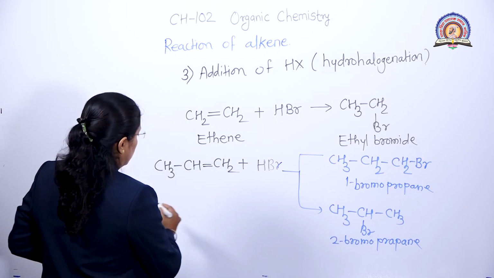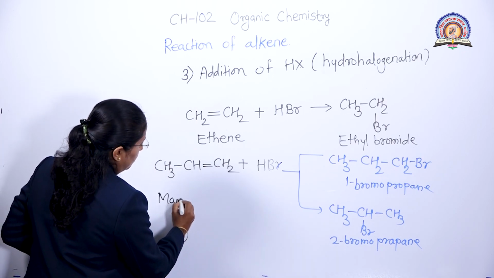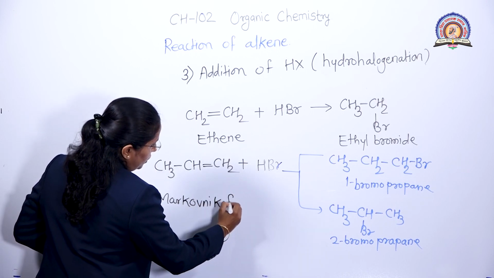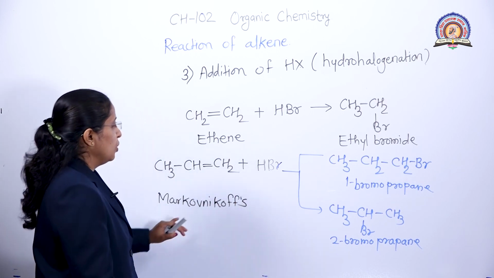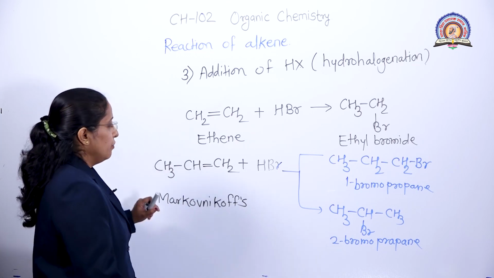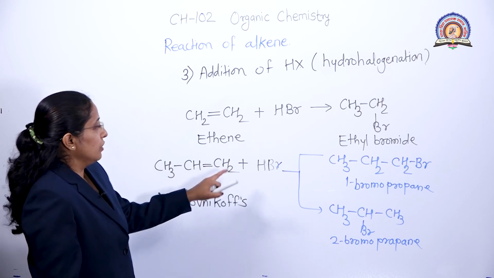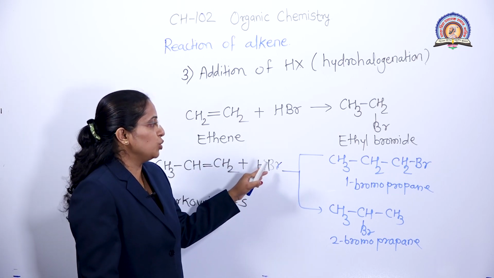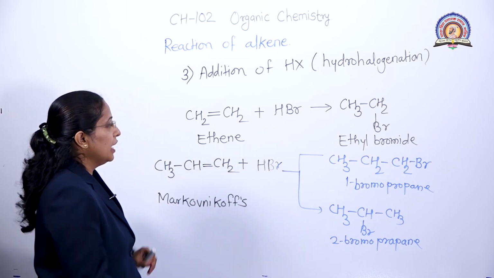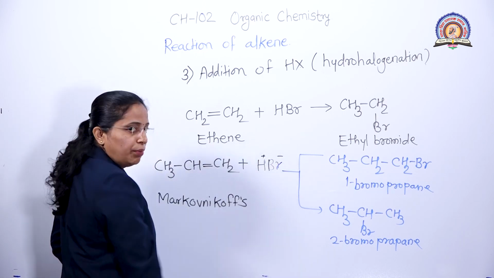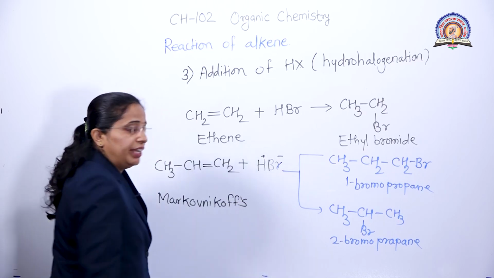The rule name is Markovnikov's rule. What this rule states is that in the addition reaction, when we add hydrogen and halogen into the alkene, the hydrogen is having positive charge and bromine is having negative charge.